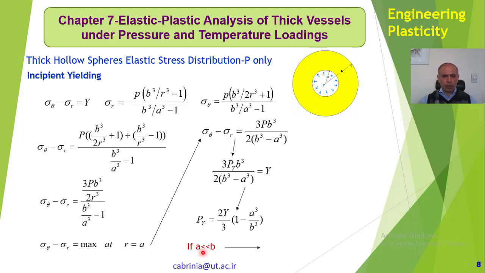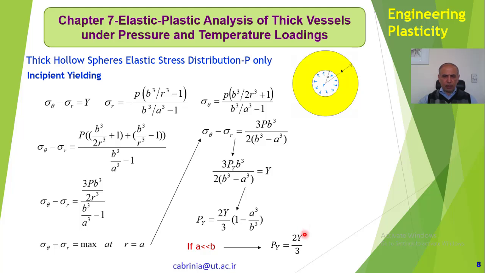And if a is very much smaller than b, then it means that a cube over b cube tends to 0, and therefore we get Py equal to 2Y over 3. That is the incipient yielding for the cavity inside.